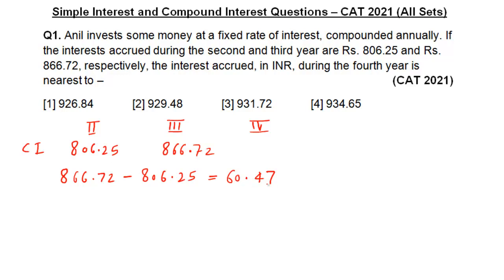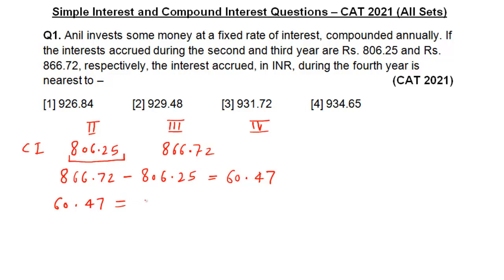So this much difference has been created because of this interest, right? So with the help of this, we can calculate the rate of interest. So what I write here, 60.47, this interest has been accumulated because of this 806.25.